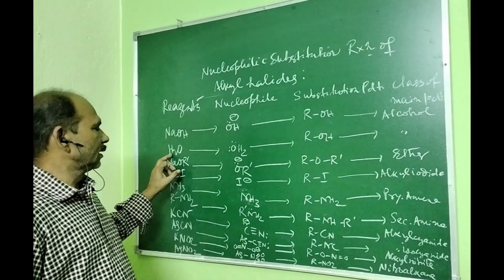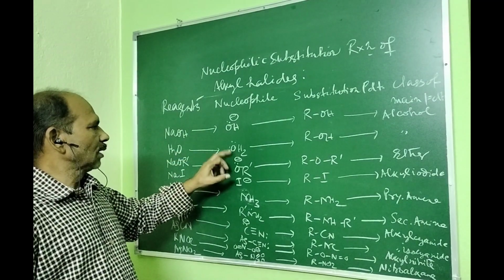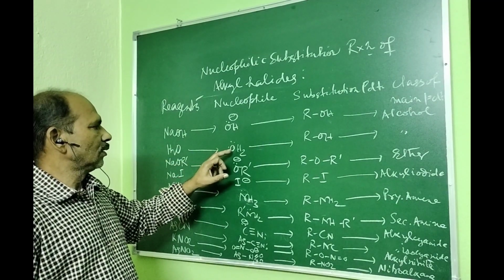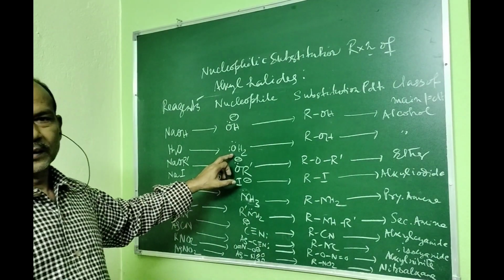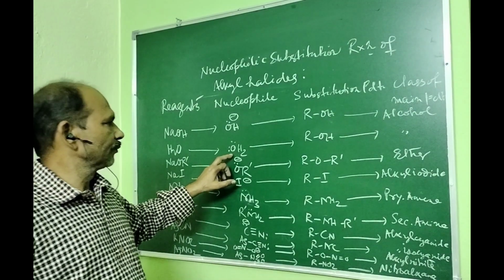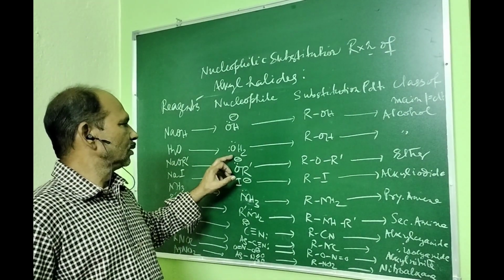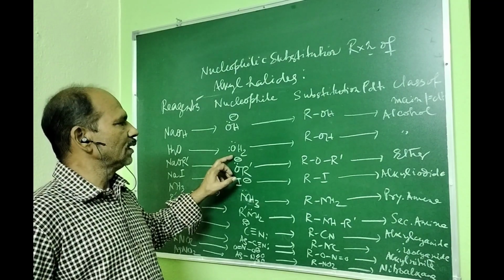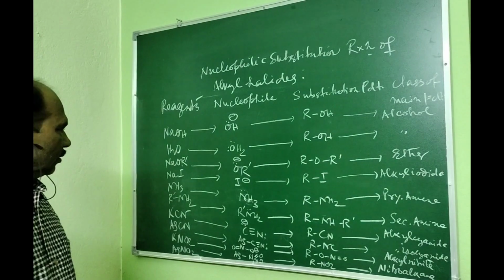And when the reagent is H2O, one of the lone electron pairs of the oxygen atom of the water molecule can act as a nucleophile, donating the lone electron pair to the nucleophilic center. So H2O is the nucleophile here, and the substitution product is similarly alcohol.